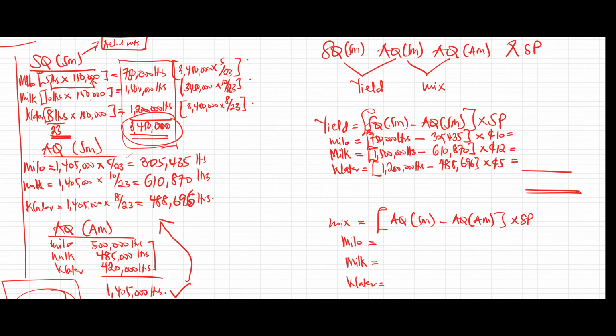Milo is 345,650. Here you don't have to think: if it's positive, it's favorable; if it's negative, it's adverse. That's all.